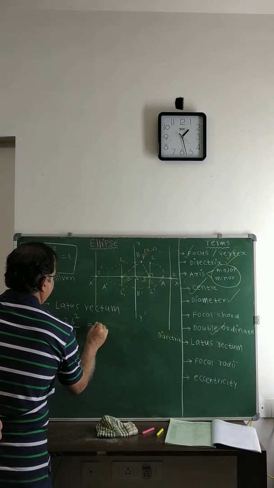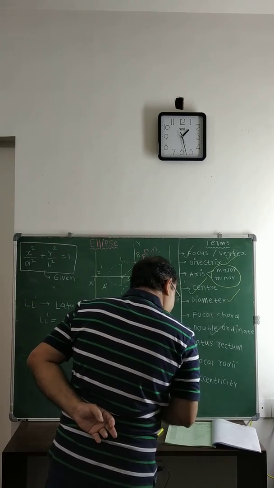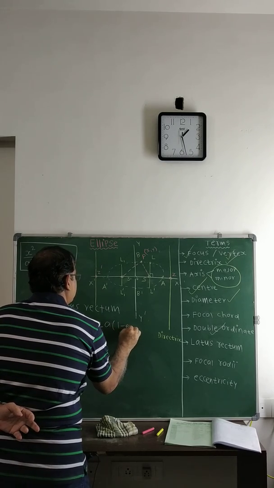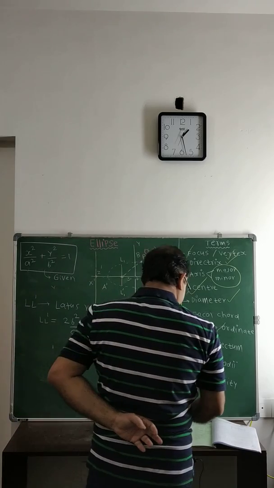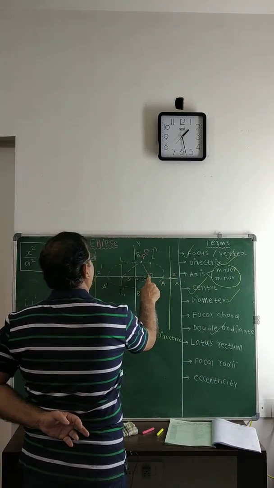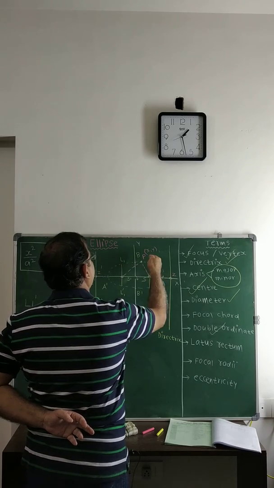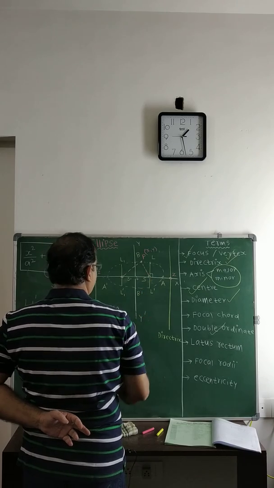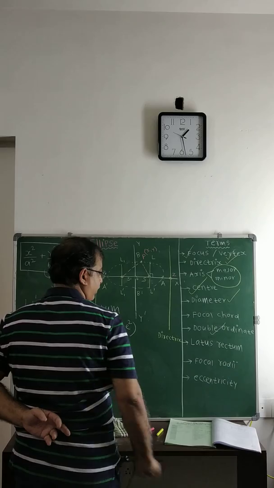And practically, if you put this value here, this becomes twice a into 1 minus e square. So most of the time we are interested in what is this coordinate, what is this length, what is the equation of latus rectum. Then we know it is a straight line parallel to y-axis passing through the focus. So equation, length and coordinates of L and L dash can be calculated.